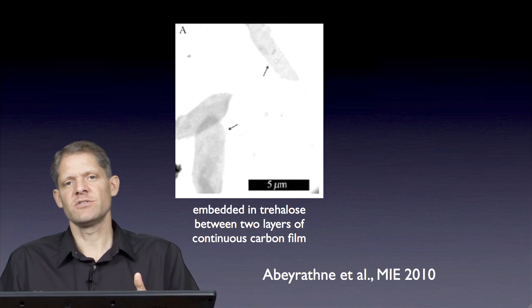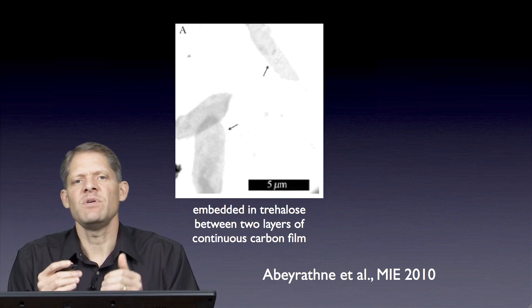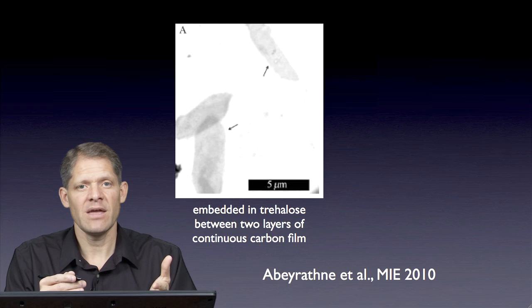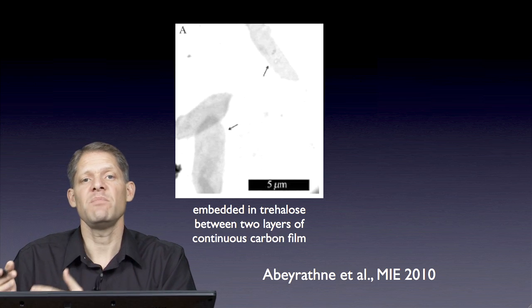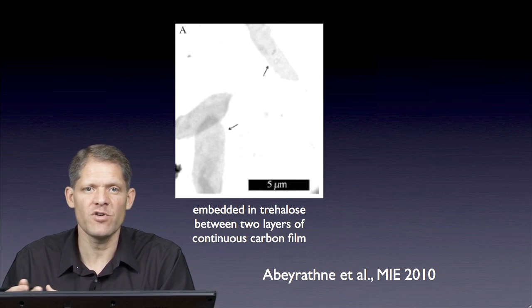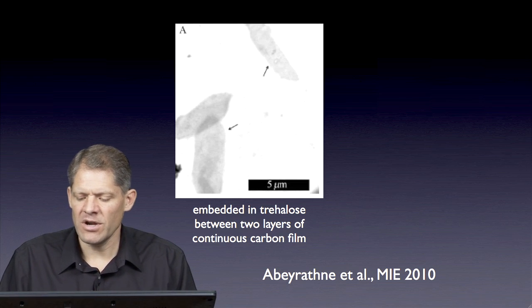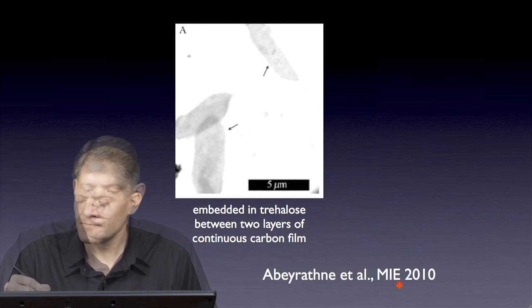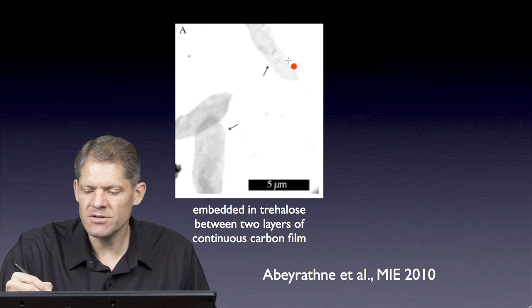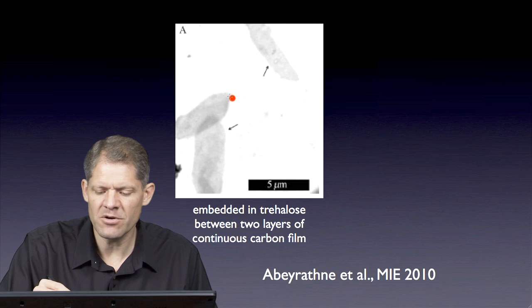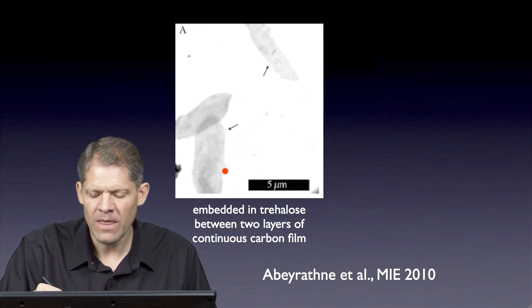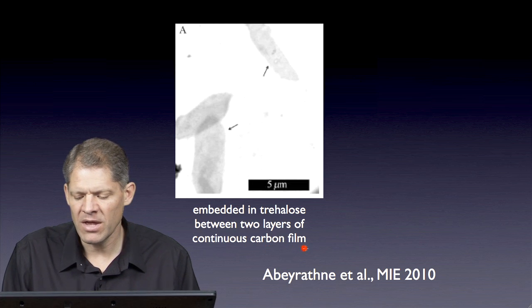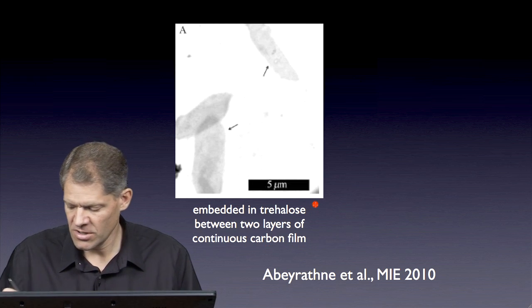Now once the 2D crystals are on the EM grid, they can be stabilized by being embedded in either some material that can dry and remain at room temperature, or they can be embedded in vitreous ice through plunge freezing. Here's an example from this paper in Methods in Enzymology, where several 2D crystals, seen here, here's another 2D crystal, here's a third 2D crystal, have been embedded between two layers of continuous carbon film in a trehalose solution.